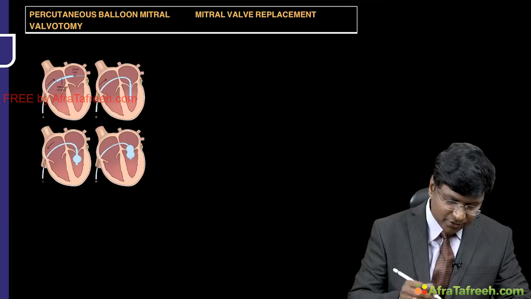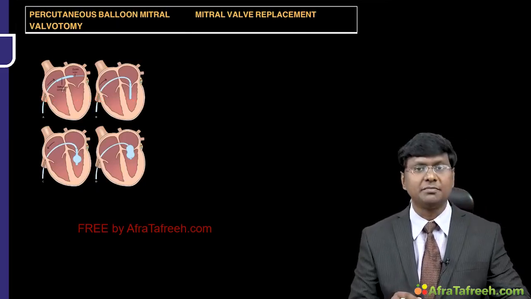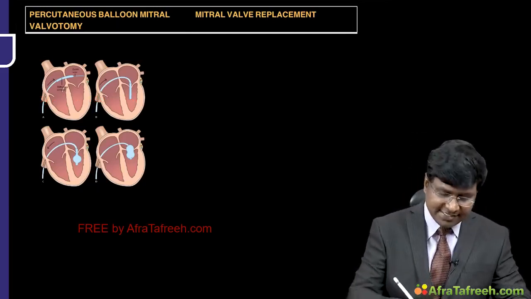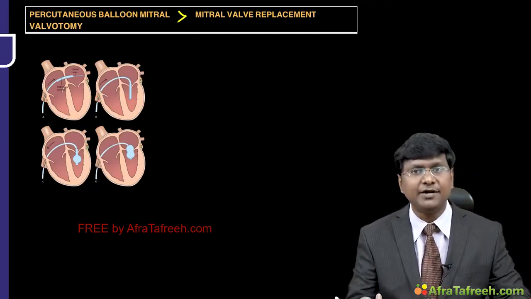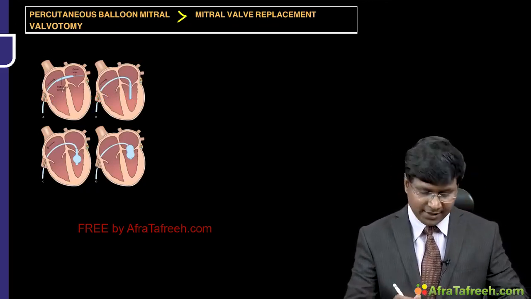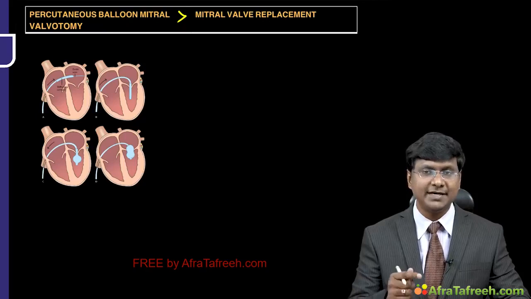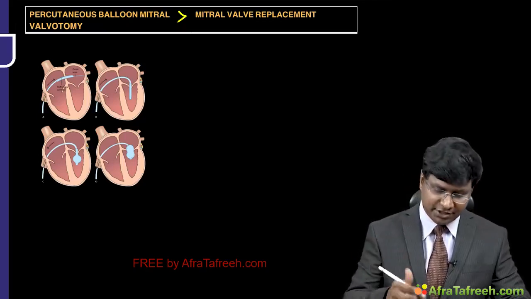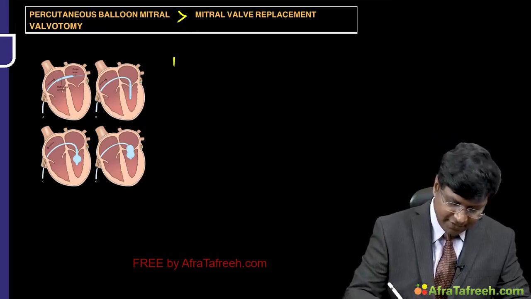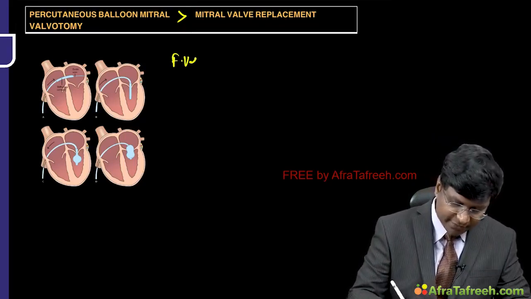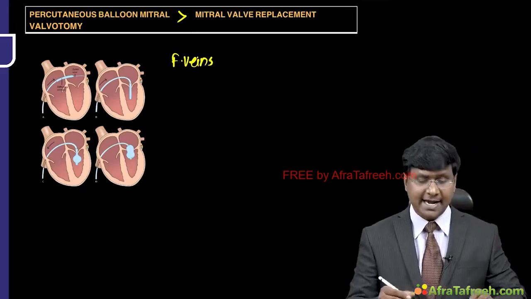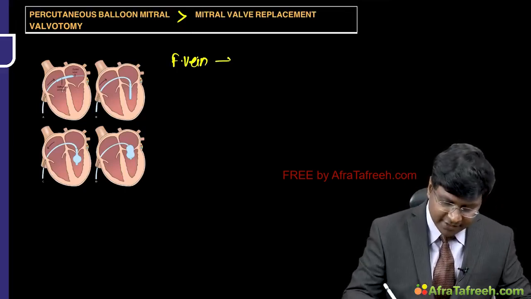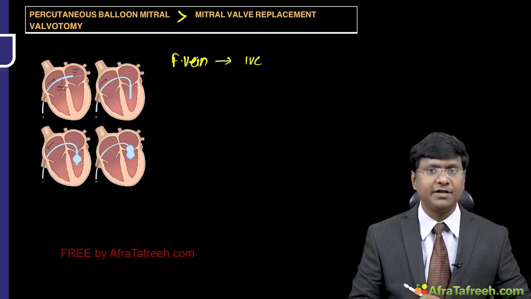Now, let me discuss the percutaneous balloon mitral valvotomy or commissurotomy. This is the preferred method compared to mitral valve replacement. Now, what we do in case of PBMC is that we take the catheter along with the balloon and puncture the femoral vein, right? From the femoral vein, the catheter is passed to the IVC, inferior vena cava.